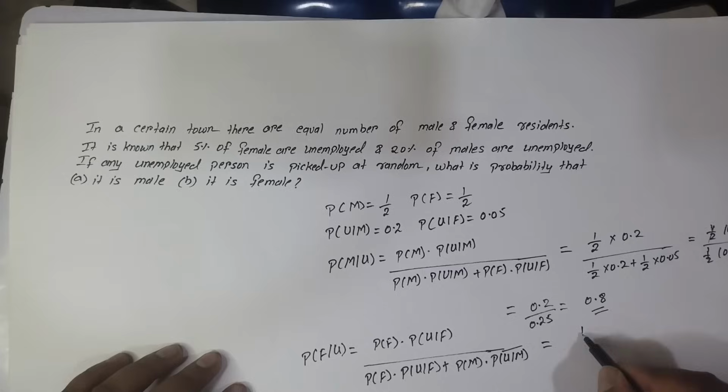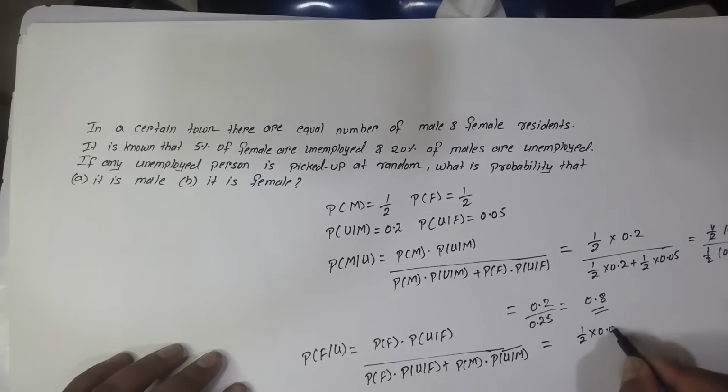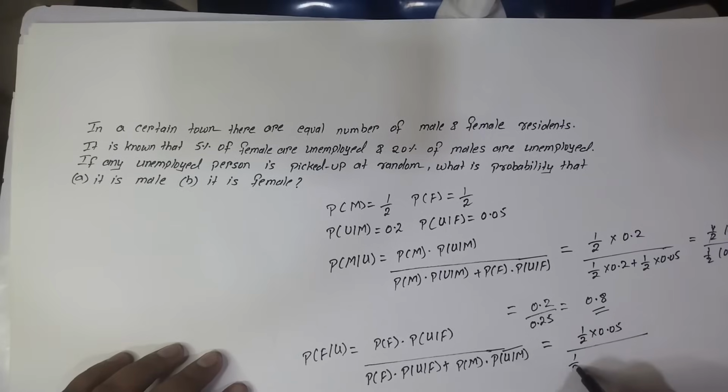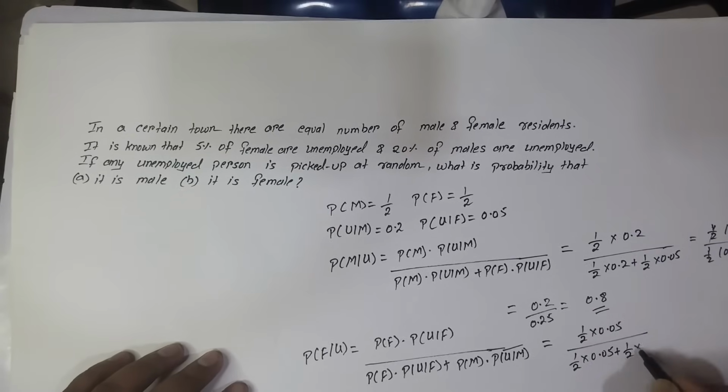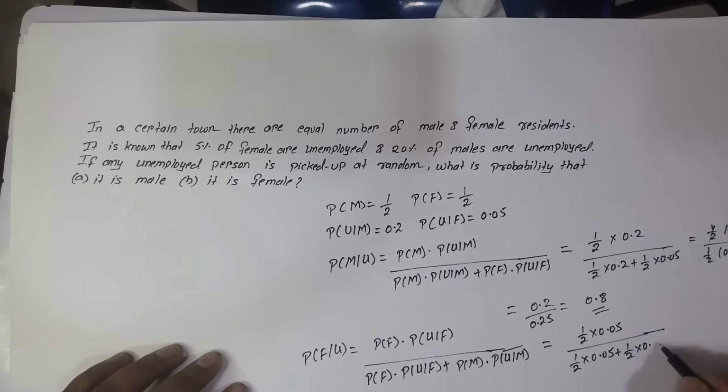So 1 by 2 into 0.05 divided by 1 by 2 into 0.05 plus 1 by 2 into 0.2.